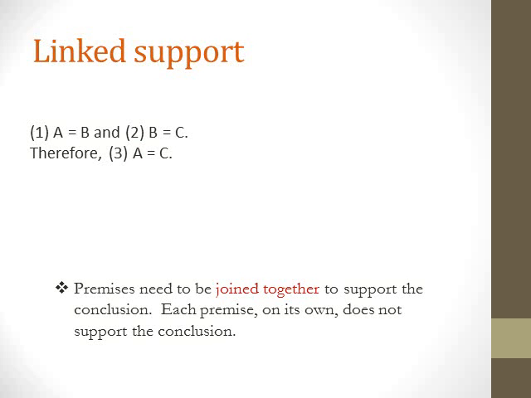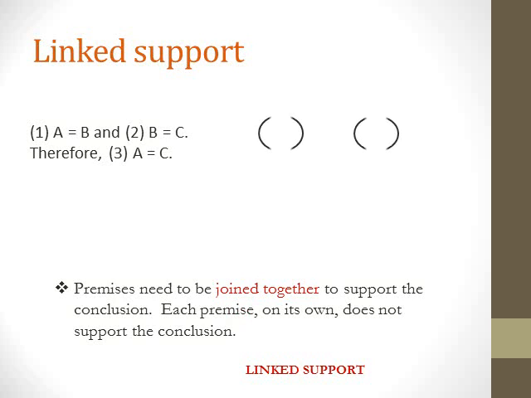In other words, the premises need to be joined together to support the conclusion. Unlike convergent support, with linked support, each premise on its own does not support the conclusion. So, you might ask, how do we represent a linked support in a diagram? Well, here, we have linked support. This is an example of linked support.